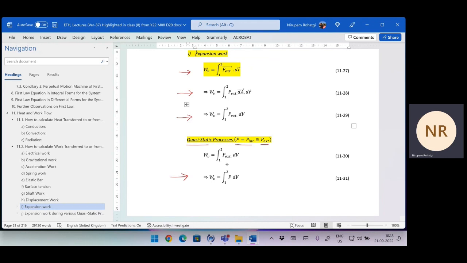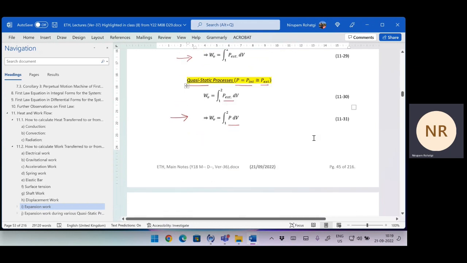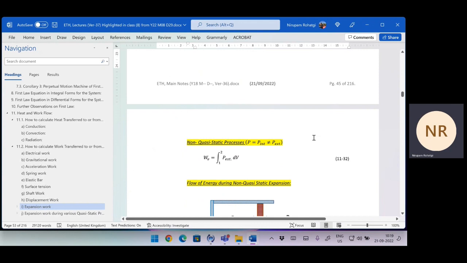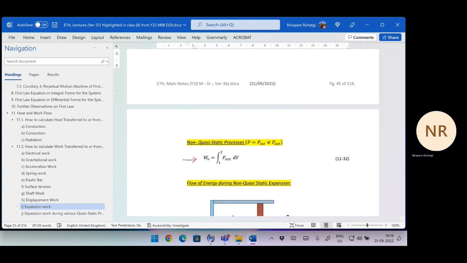That is why you can replace P external by P and get the formula P dV. So whenever you are using the formula P dV, it automatically assumes that the process is quasi-static. But if the process is non-quasi-static, you have to use the formula P external dV.